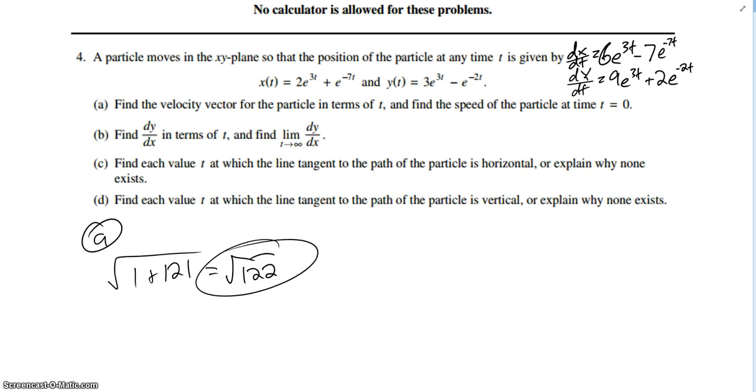And then it seems like the velocity vector is really simple. It's just the x derivative comma the y derivative, and we've done this.